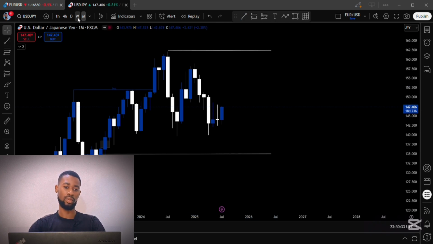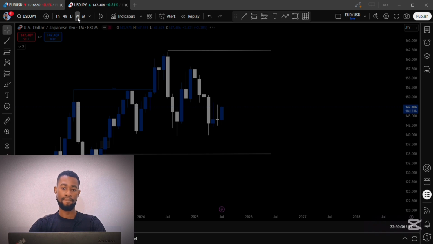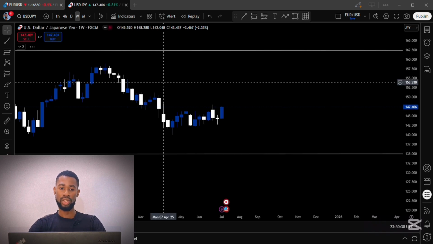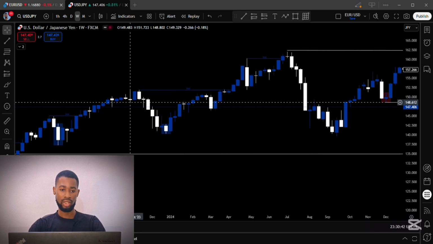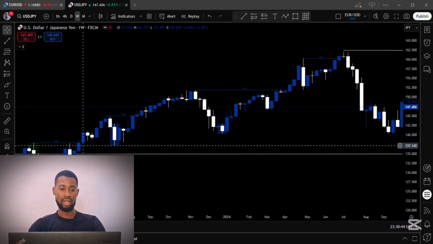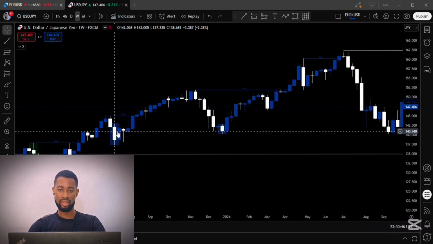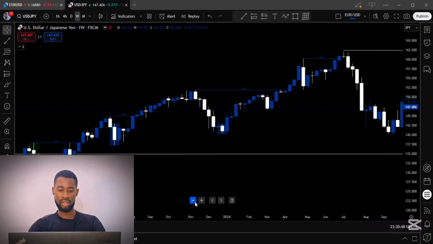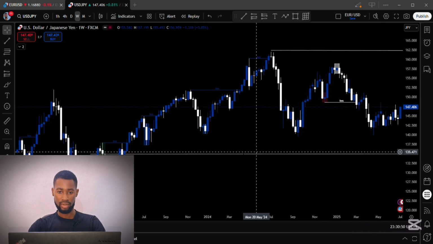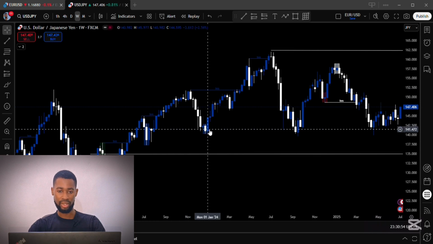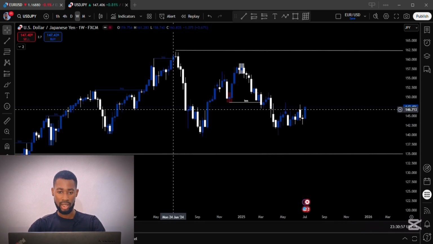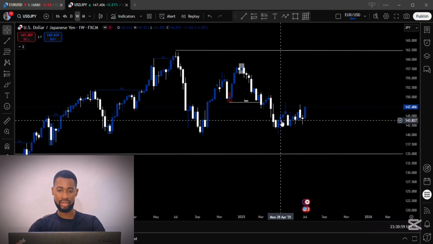Now let's go from the monthly to the weekly and see what the weekly is saying. Beautiful. Now the same high remains. On the weekly, we can see this is a breaker and then this is an order block. This order block, price came and we respected this order block, and now price came again, tapping this.